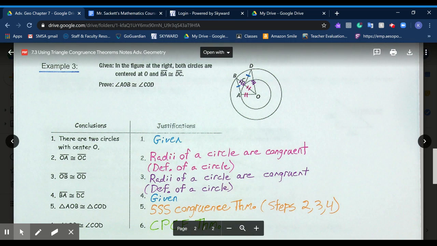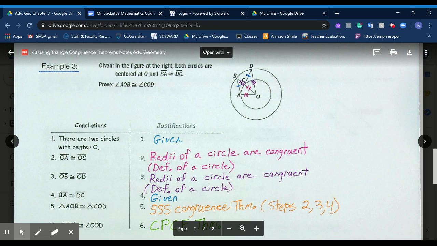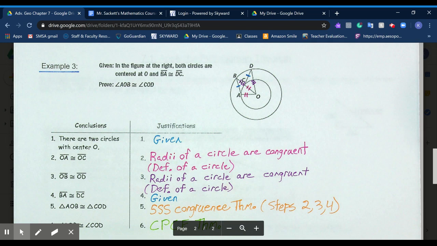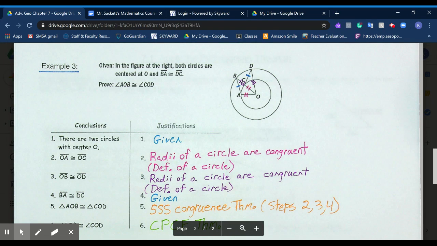So based on going back in and drawing what I know at this point, when I look at this, I have side relationships, which allow me to state triangle AOB is congruent to triangle COD from those steps 2, 3, and 4 in our proof.